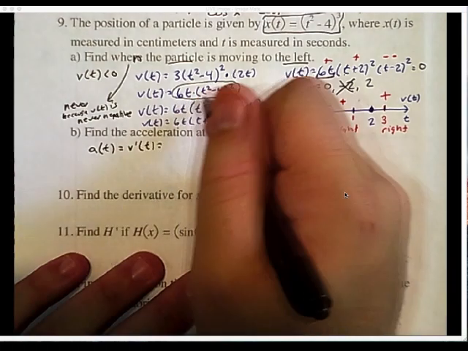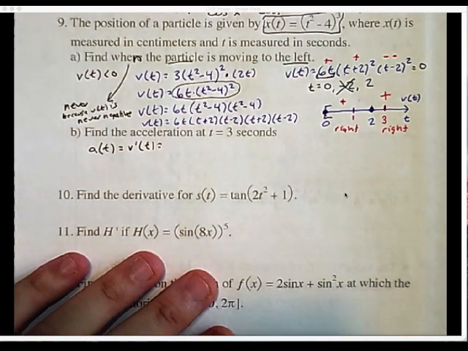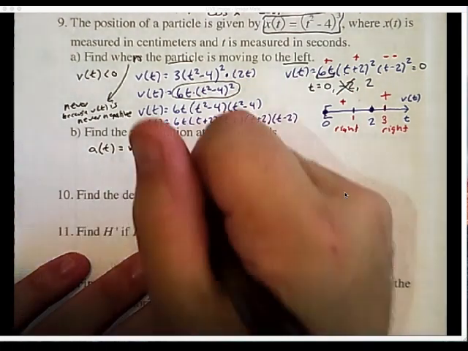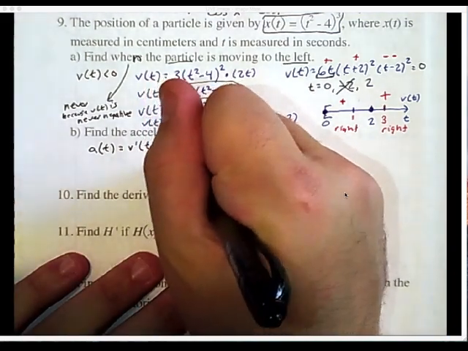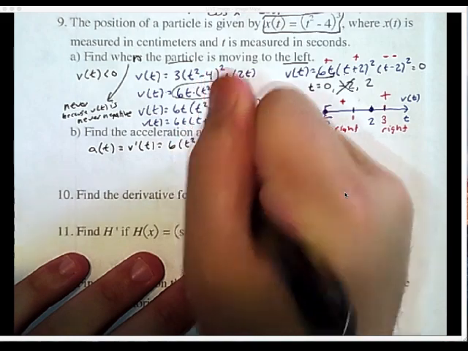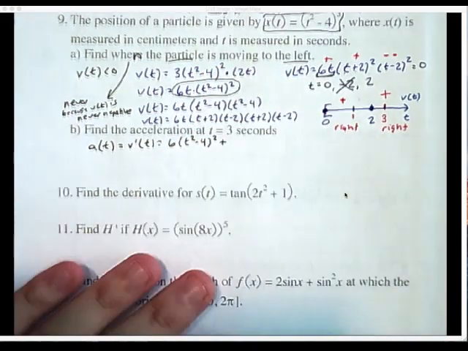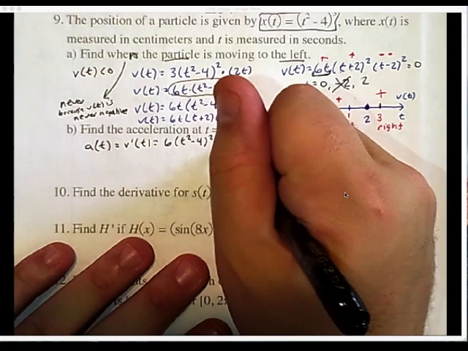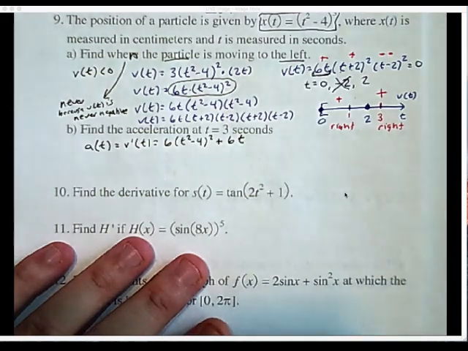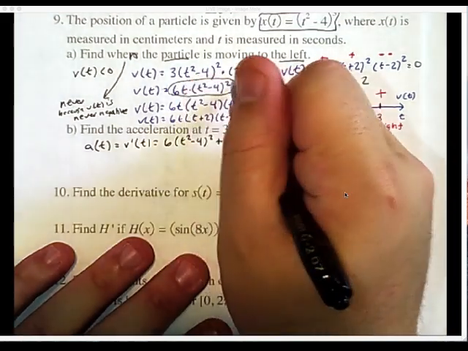Okay, so this is a product, so I can use the product rule. Derivative of the first, 6, times the second, t squared minus 4 squared, plus the first, 6t, times the derivative of this whole thing.